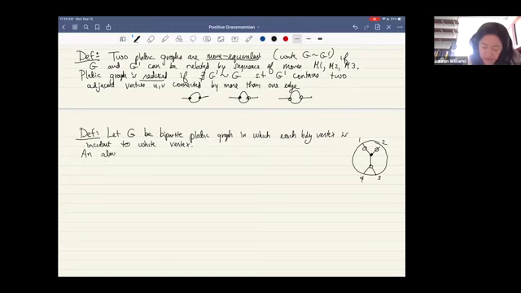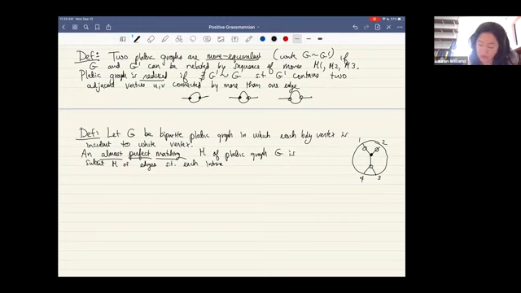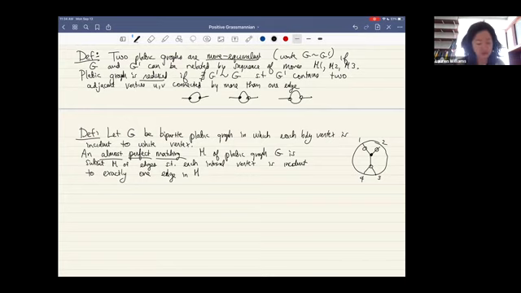And now we say that an almost perfect matching M of this bipartite plabic graph G is a subset M of edges such that each internal vertex is incident to exactly one edge in M. So it's a perfect matching in the usual sense, except I don't really care about whether boundary vertices are matched.